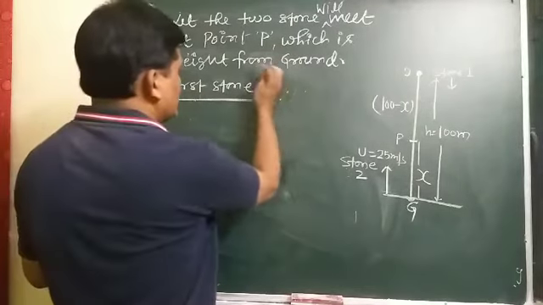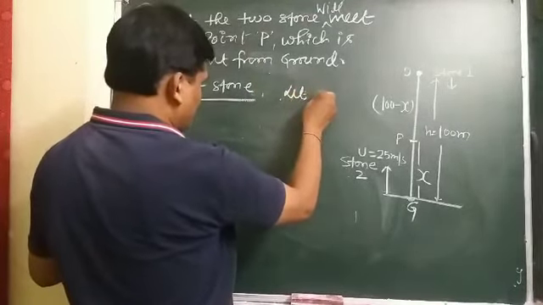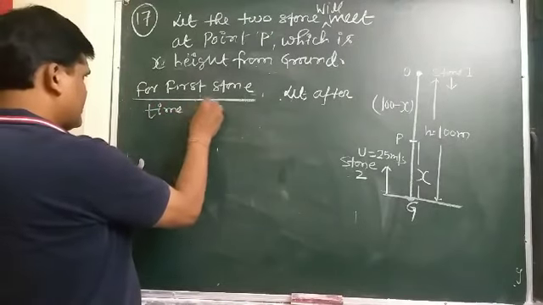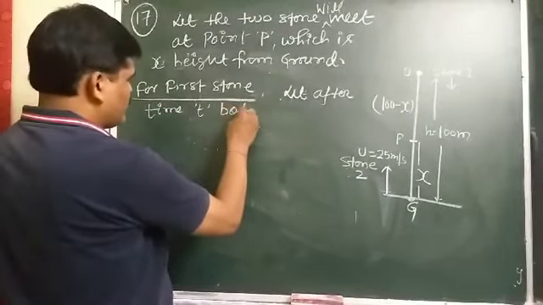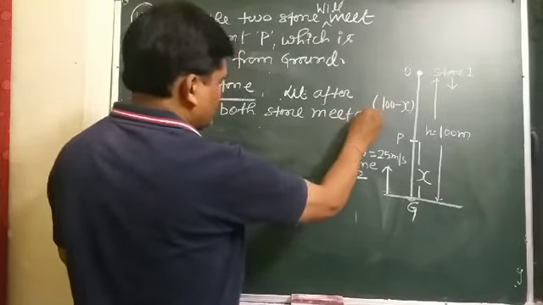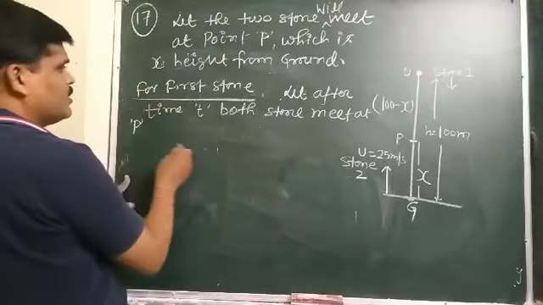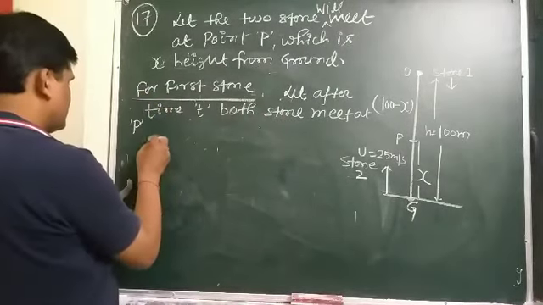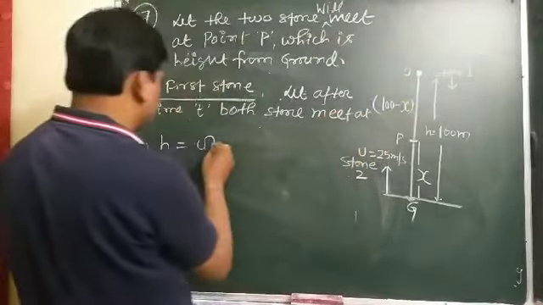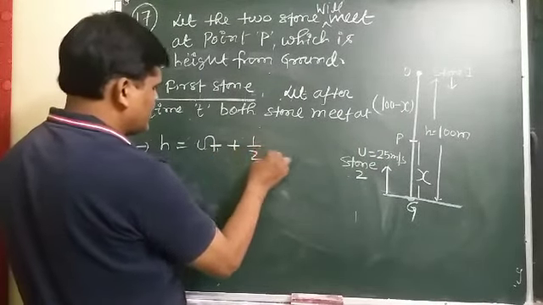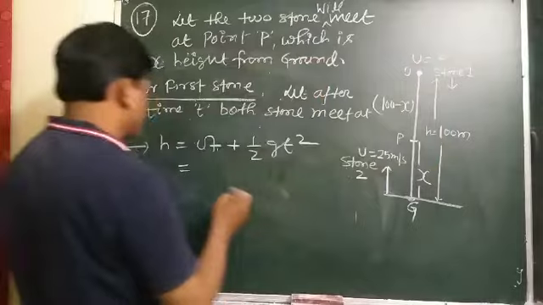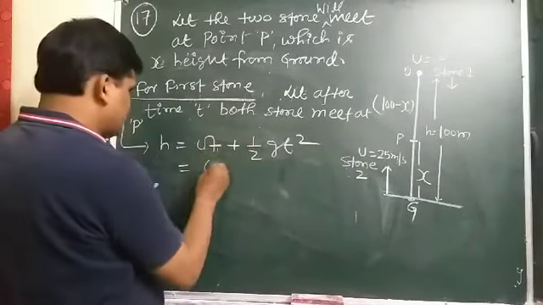Let after time t both stones meet at P. For the first stone, the distance traveled h equals what? Using the formula h equals ut plus half gt square, and the initial velocity of the first stone is 0, since when it is dropped the initial velocity is 0.